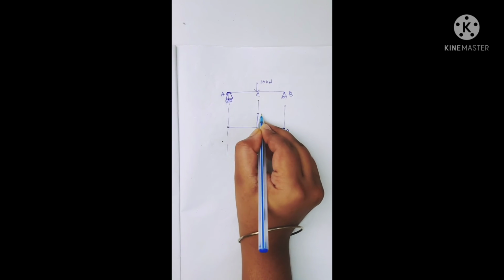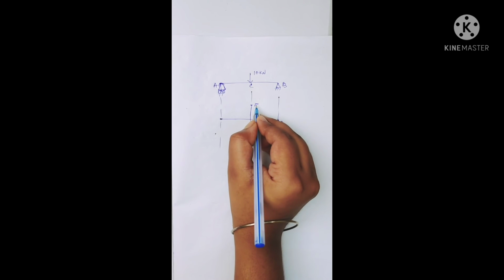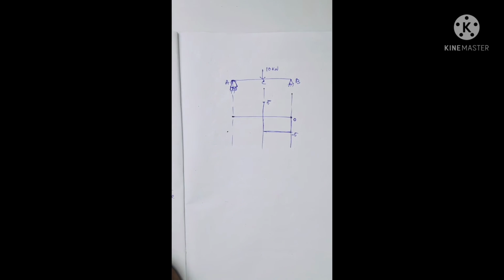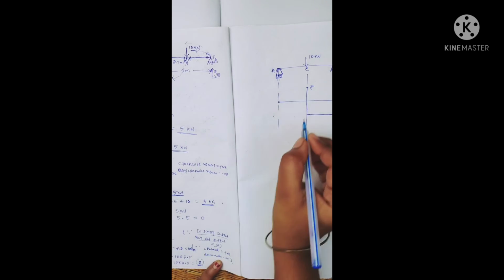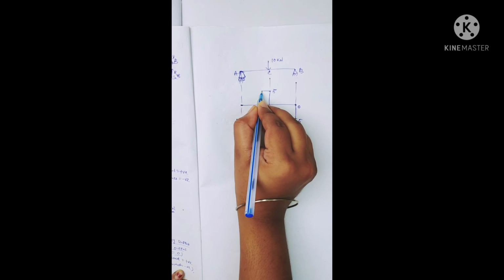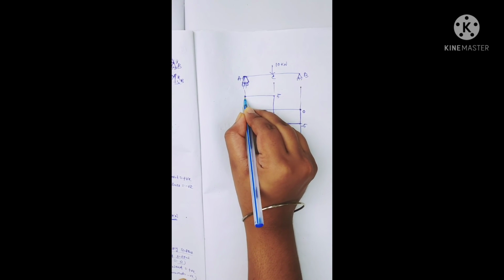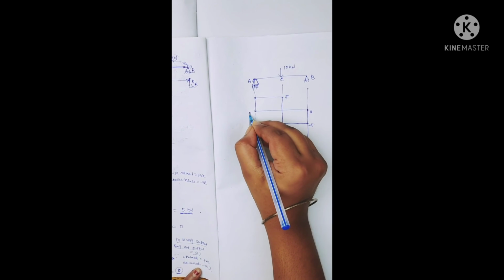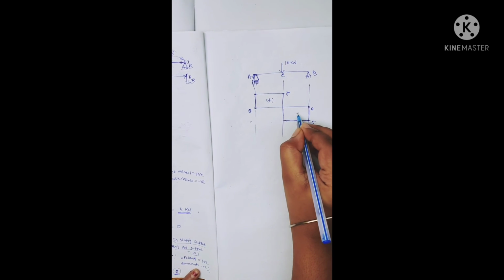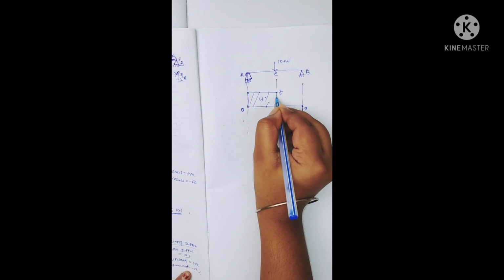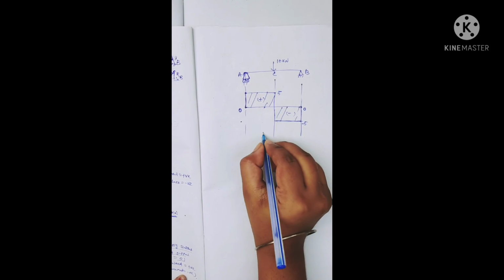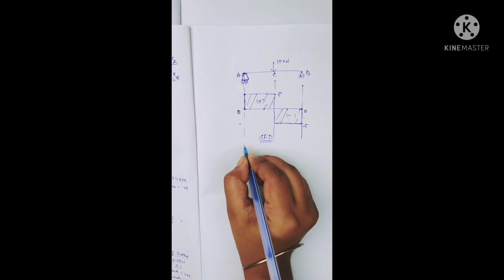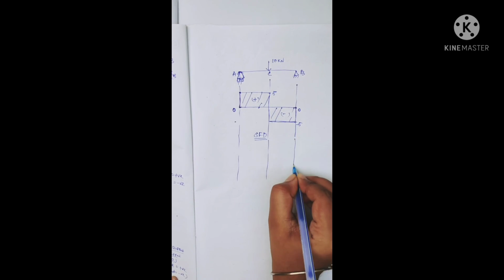Next shear force at A is plus 5 at right, so move this 5 up to point A, and next it is 0. That is positive, that is negative. Here it is the SFD, that is the shear force diagram.